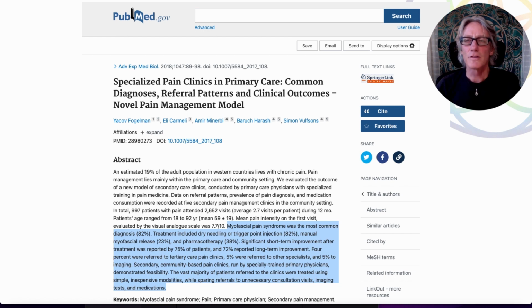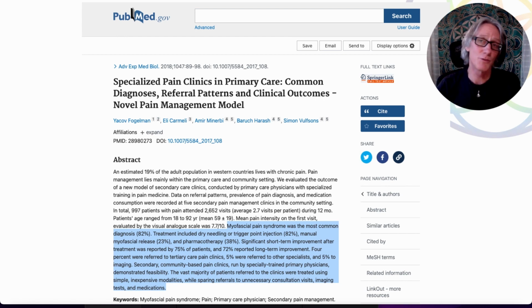Those are astounding statistics, because most doctors don't recognize trigger points or know anything about trigger point physiology. So people coming to a pain clinic are going to get pain pills. They're going to get physical therapy that is usually not effective because they're not trained in trigger points.